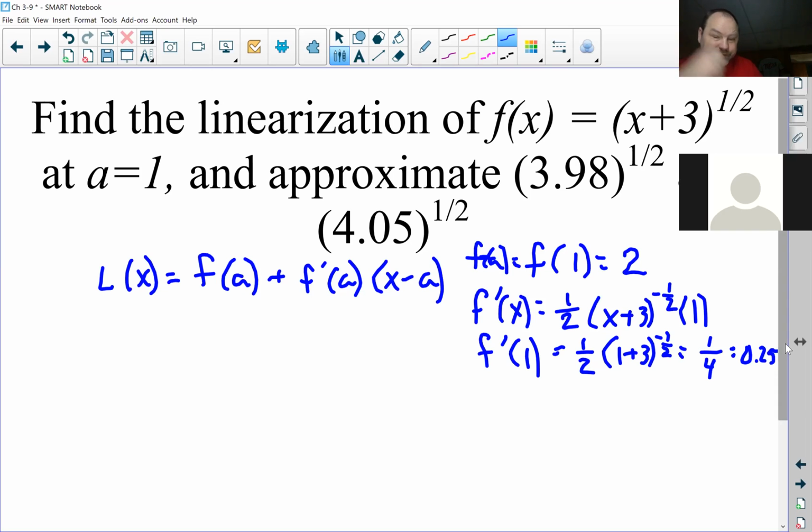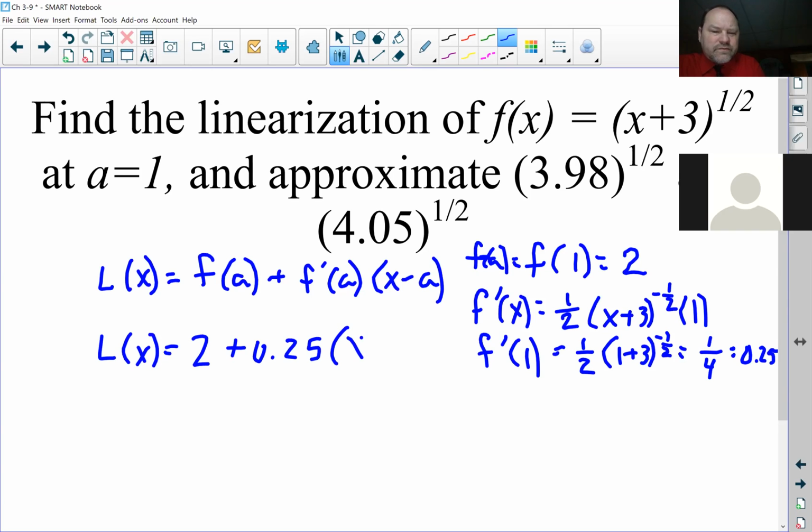You don't have to. Just sometimes it works a little bit easier. So our linearization is f of a, which is 2, plus f prime of a, times x minus a.